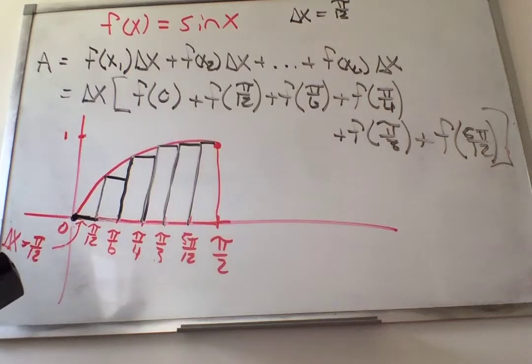Plus vars, y vars, function, y1 of pi divided by 12, plus vars, y vars, function, y1, pi divided by 6, and you just keep on going. Pi divided by 3 plus 5 pi.